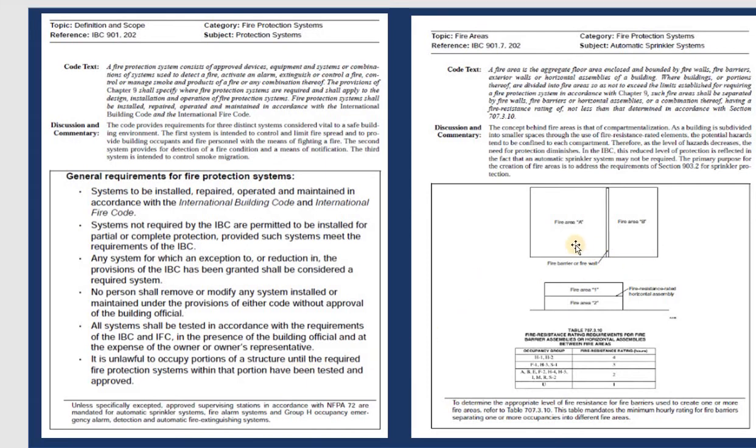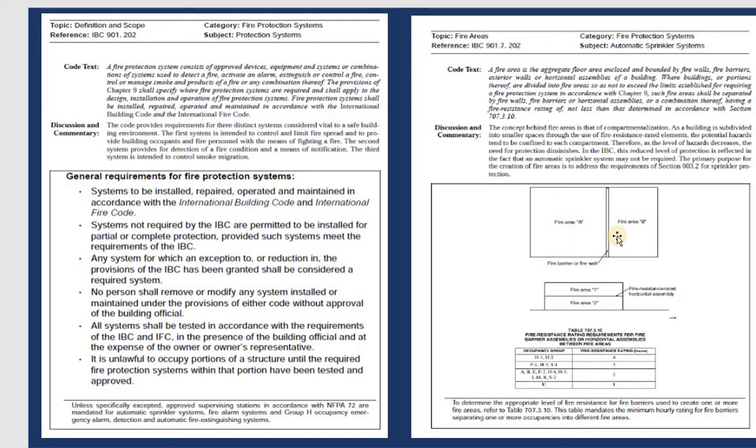This is one example: you have group A, and after that the fire area for B. Between two areas of two different kinds of group, we have the fire barrier or firewall. In your house, it is the same thing.